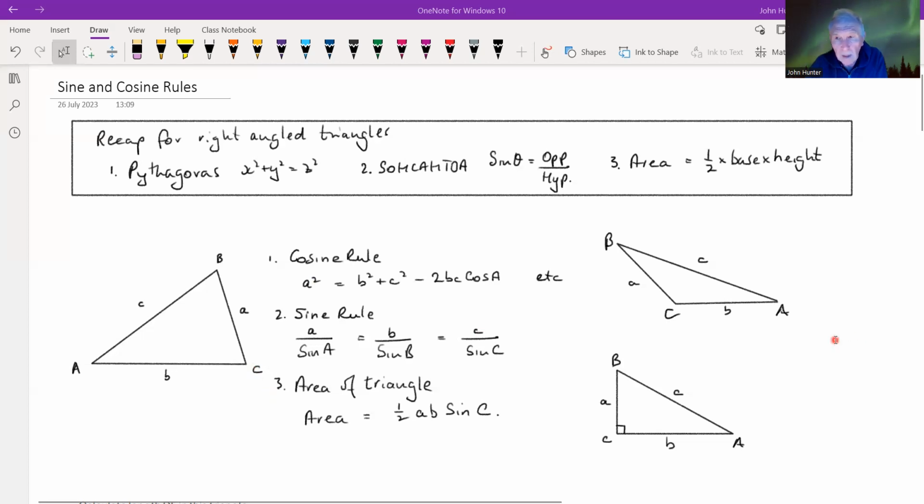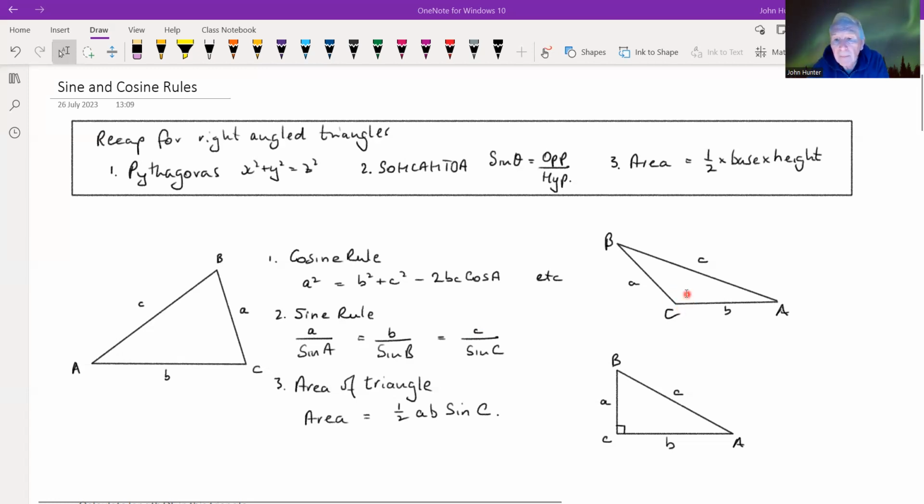Now, you may well ask what happens if one of the angles is obtuse, as in this example, or acute. If one is obtuse, then in actual fact the formulas still work.